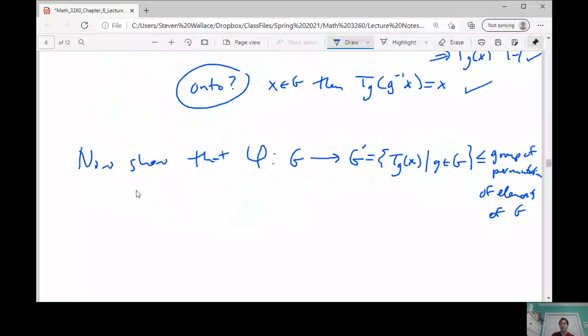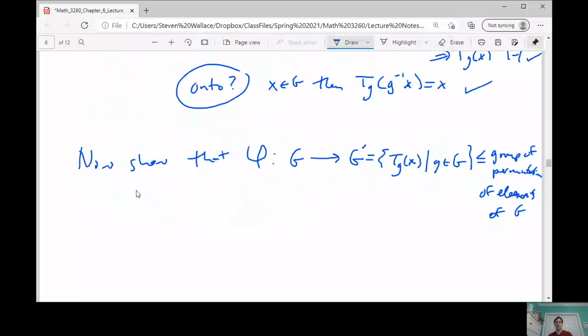Okay, but we could show that it is a subgroup. It's certainly closed because the Cayley table is closed. And what is the operation on this set? It is just like the operation here, which is composition of functions.